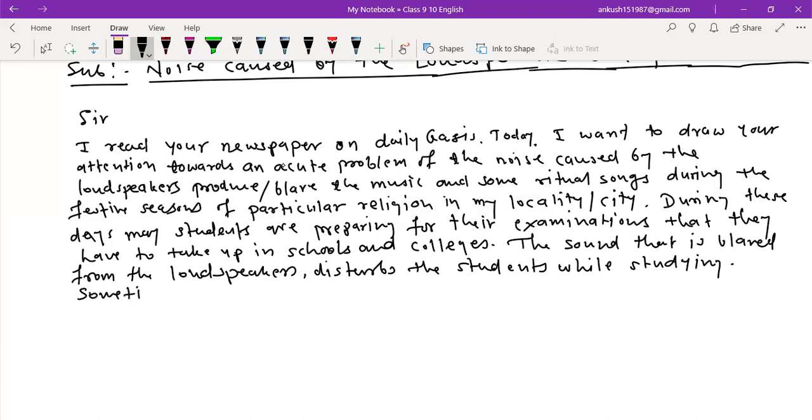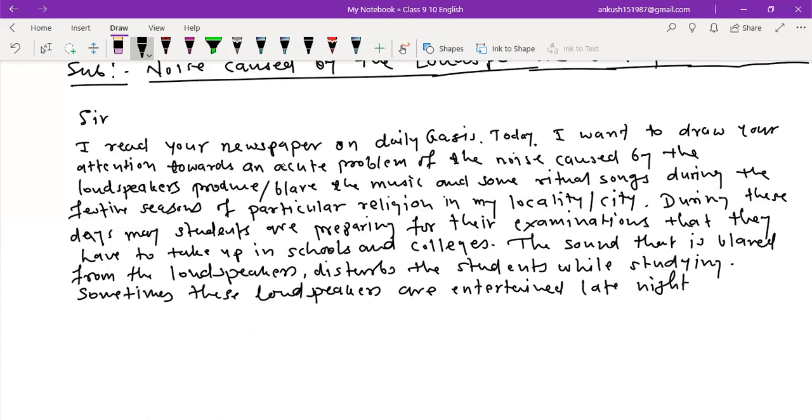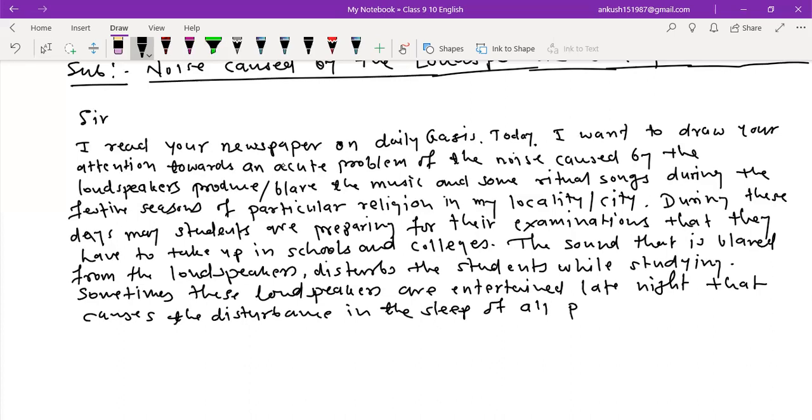Sometimes these loudspeakers are played late night, that causes the disturbance in the sleep of all people.